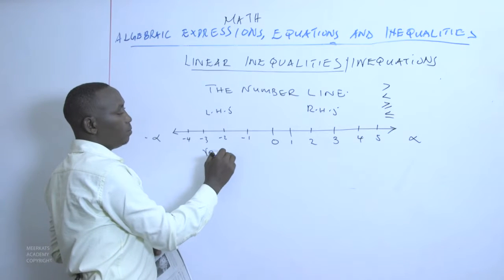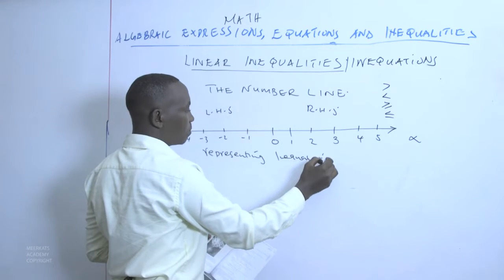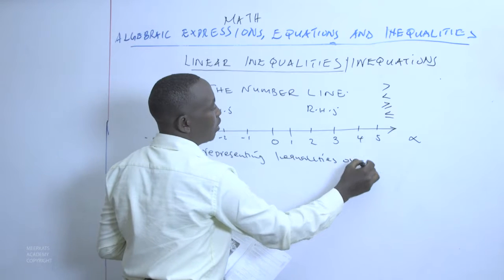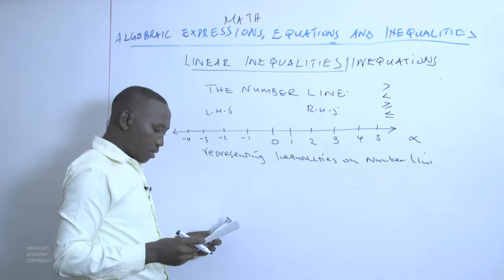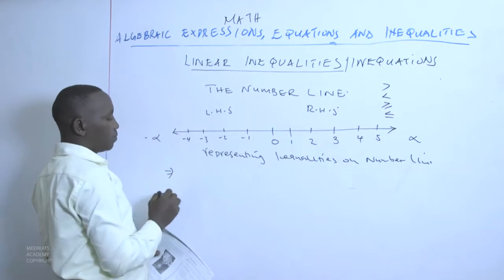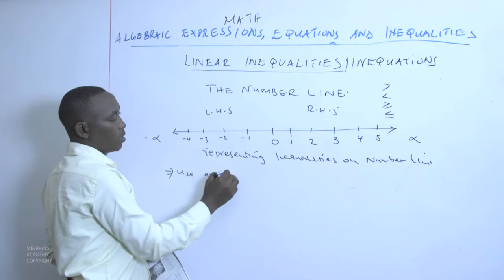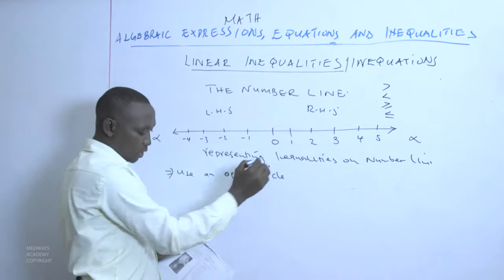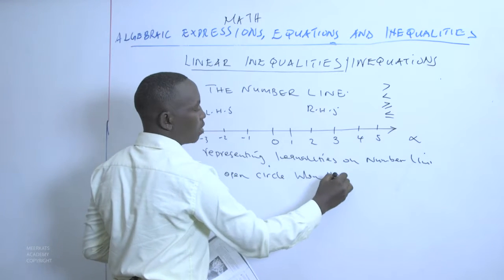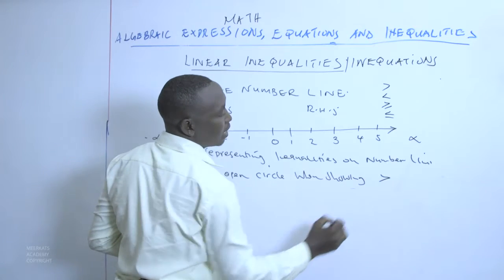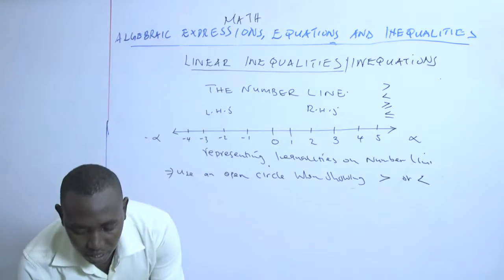Representation on the number line: we normally use an open circle when we show greater than or less than. Example.